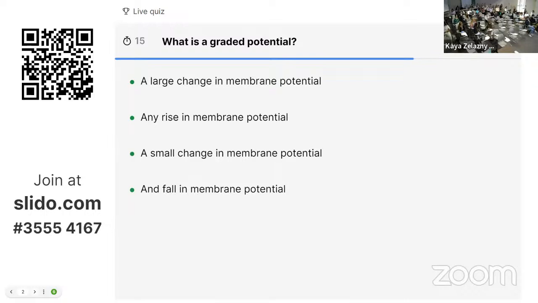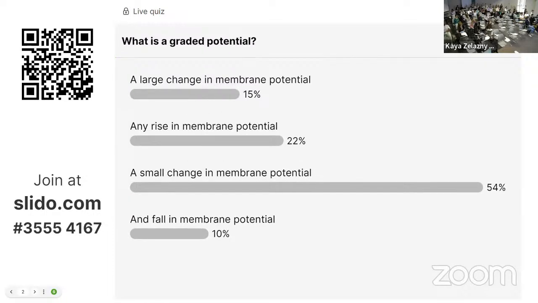Just want to remember what a graded potential is. Those are fast, but we have a couple of things to review to go in on.